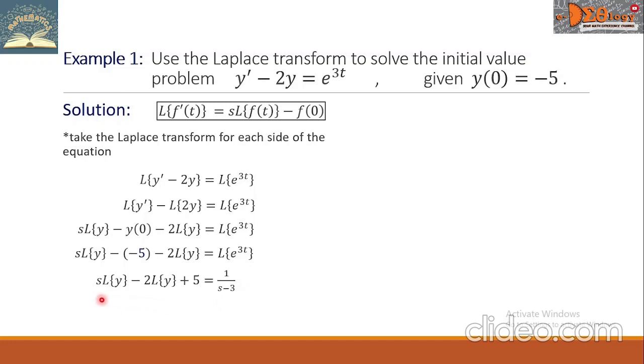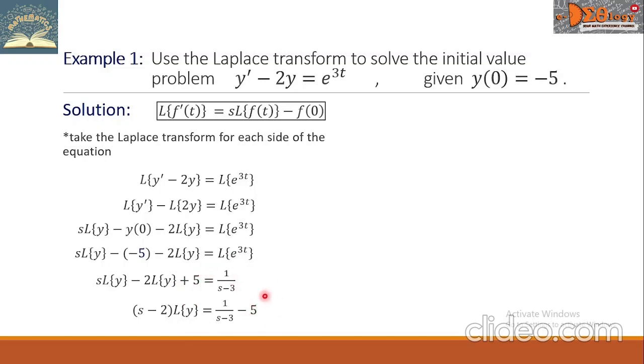Next step, we're going to group the two terms with L of y. We will factor out that L of y value. So we have the quantity s minus 2 times L of y equals this positive 5, which we will transpose to the right. It becomes negative.